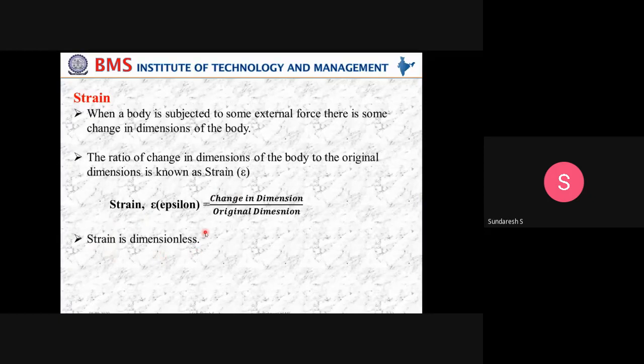It does not have any units. If you say what is the strain, you will say around 5 into 10 power of minus 6. That's it. There is no Newton, no meter, no millimeter, nothing. Strain is a dimensionless quantity, please remember, because it is the ratio of the dimensions. Got it?